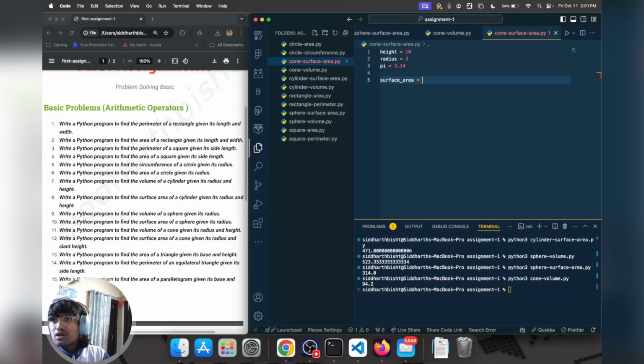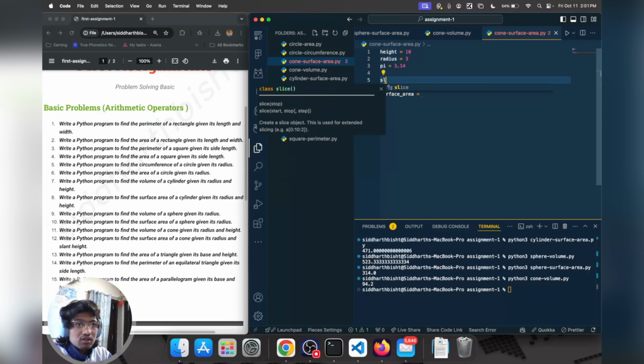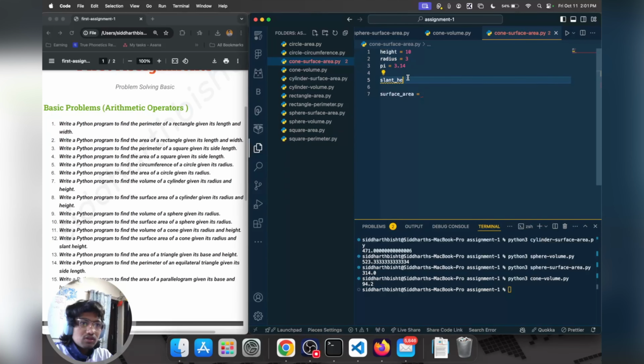pi r plus L. So first of all, we have to find something called L, that is the slant height, and there is a formula just to find the slant height of it. So let's say it's slant height, let's remove this. So slant height equals, so what we have to do is we have to do square root.